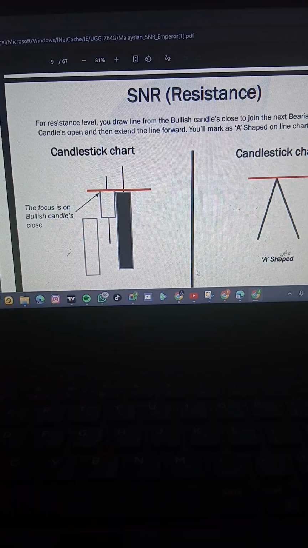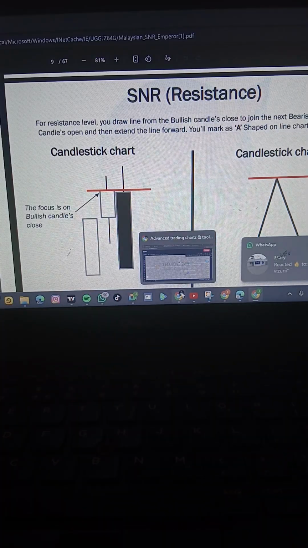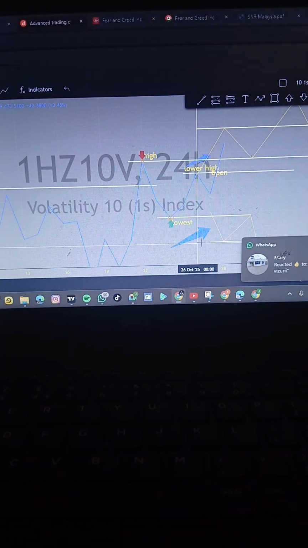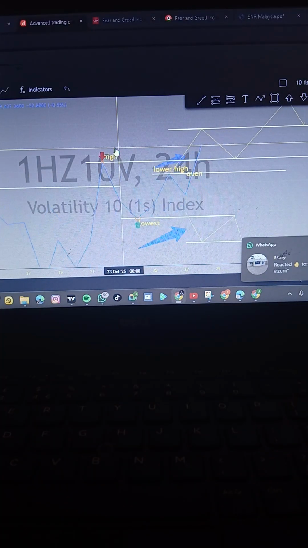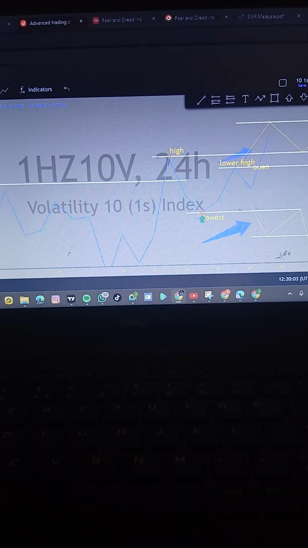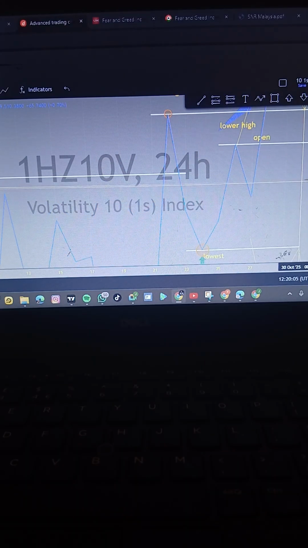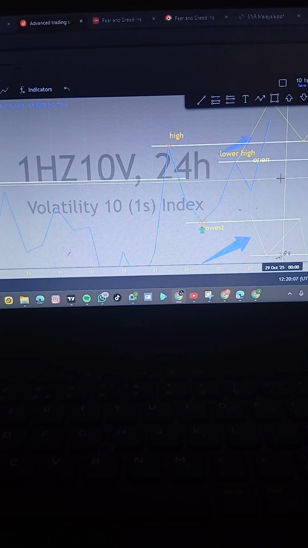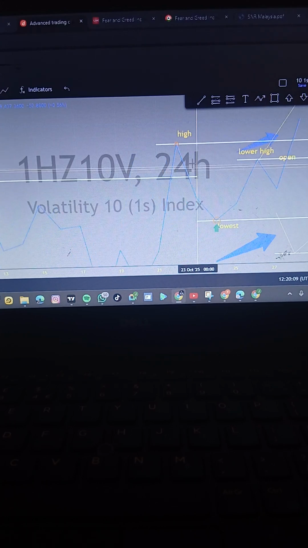Let me show you. I want to be marking my resistance. I want to mark my A. Since now this is the A, you see this one? This is an A shape. Now let me show you the candles.